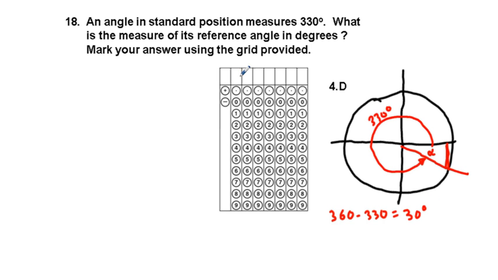So we can just mark in 30. Again, it's positive, so we don't have to put a plus here. So we just put in 30. And you can put 30 any place in these boxes. Some people put it at the very end still. Grid-wise gives you a correct answer.